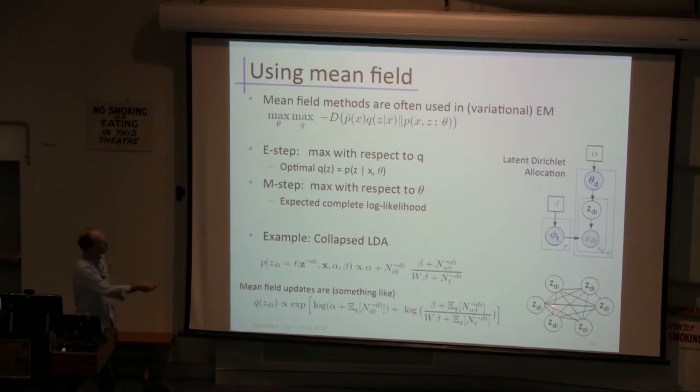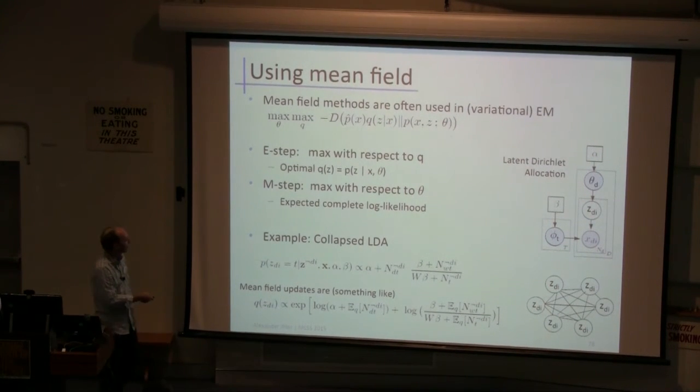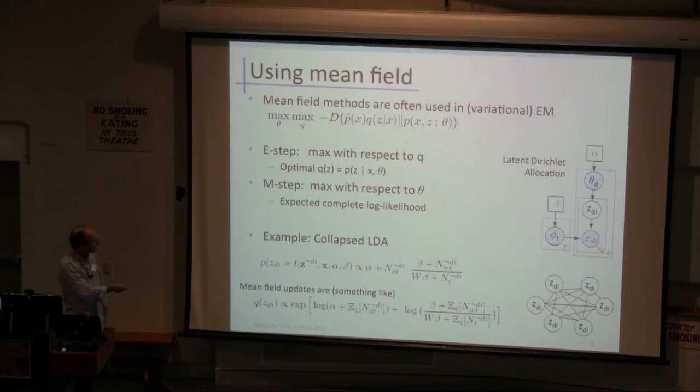So each Q of Z will depend on the factors of its involved neighbors. Okay, so this coordinate ascent gives us, in fact, what you'll find is that if you do mean field in these models, often the mean field updates look quite a lot like the Gibbs sampling updates.